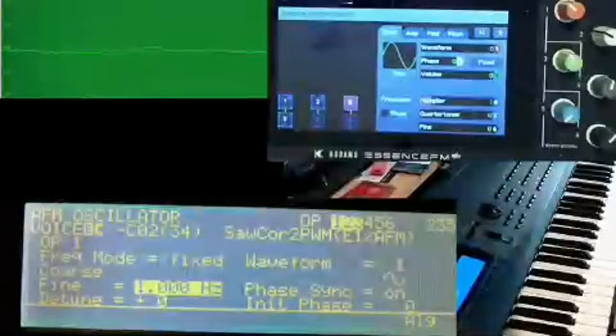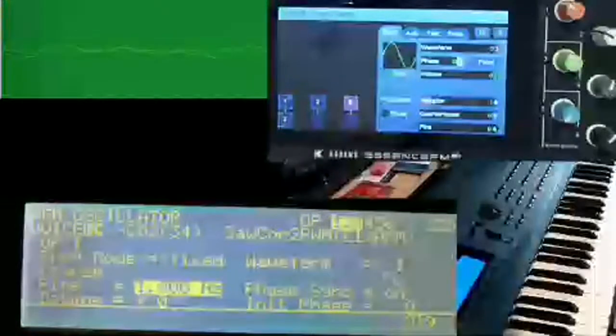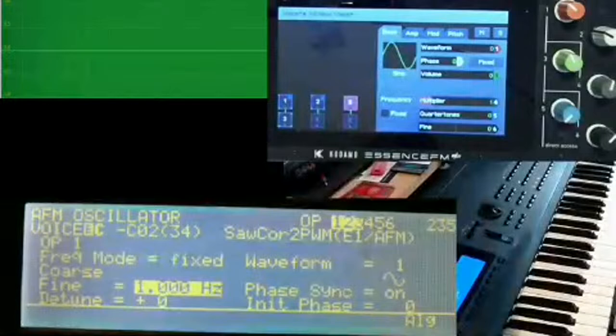So all your harmonics essentially are going to beat by 2 times this frequency. So you're going to create one sideband, let's say at A440, you're going to have one at 439 and one at 441, and that's what you're hearing.